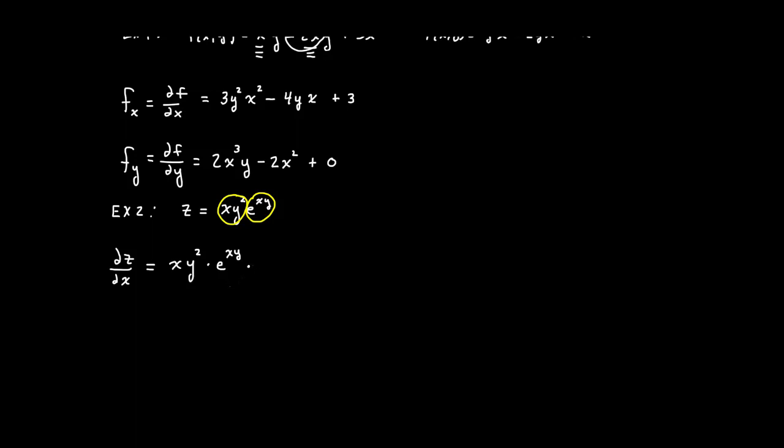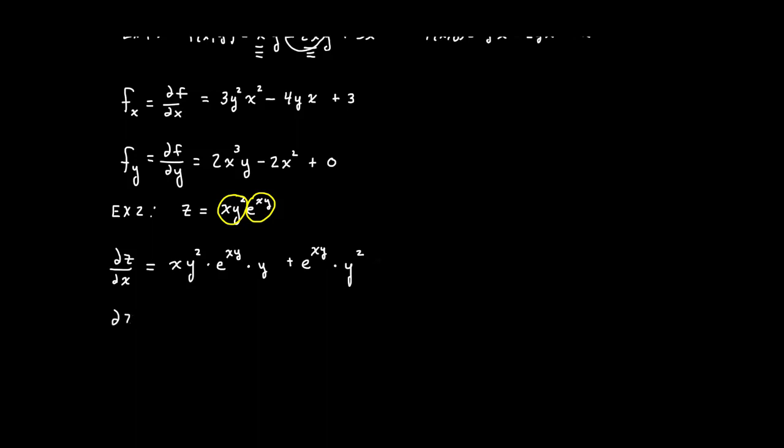Now since y is a constant, it is the coefficient of x, so the derivative of xy with respect to x is just y. Now we have plus e to the xy, that's the second term, times the derivative of the first, and since y is constant, the coefficient of x is simply y squared.